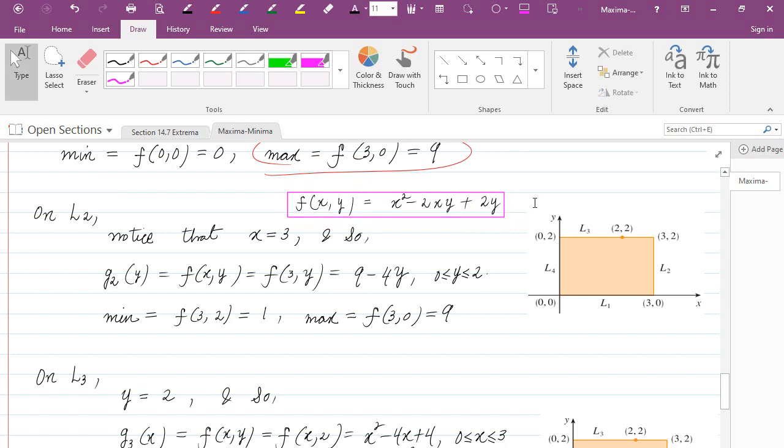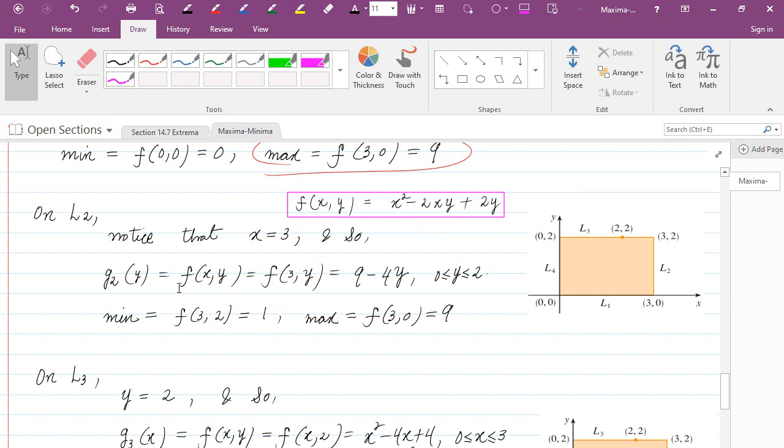Okay, so now on L2, notice that on L2 x is always 3. So the function f of x, y on L2 would be f of (3, y). So I'm replacing x by 3, so I get 9 minus 6y plus 2y. So minus 6y plus 2y would be minus 4y.